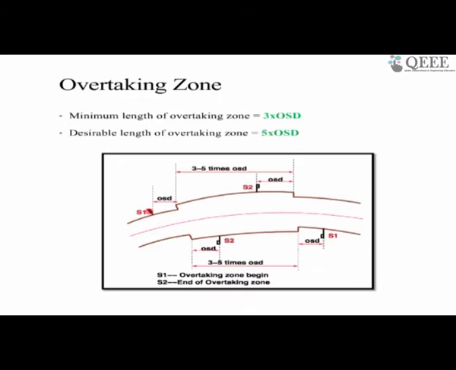We should provide a sign saying that the overtaking zone is coming up, and then, before it ends, at a distance of the overtaking sight distance, another sign which says that the overtaking zone ends here. That way it completes. So this is the overtaking zone.